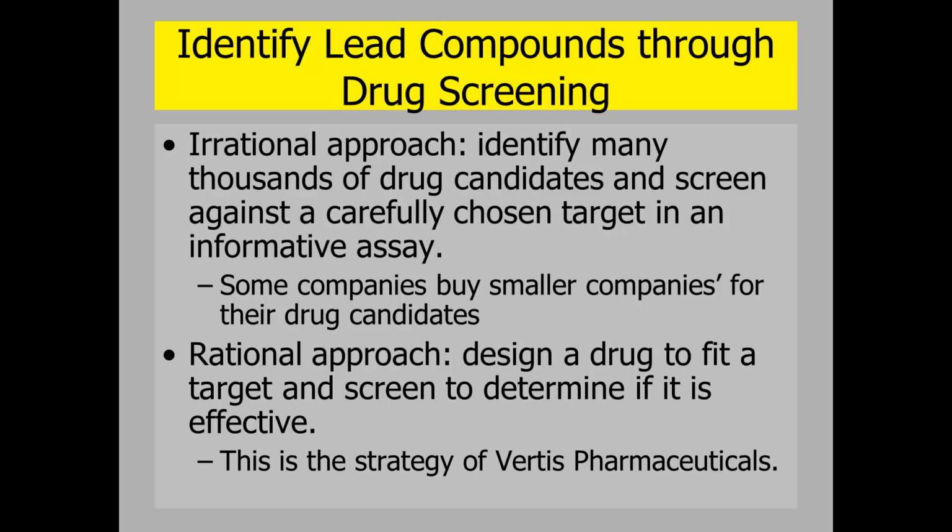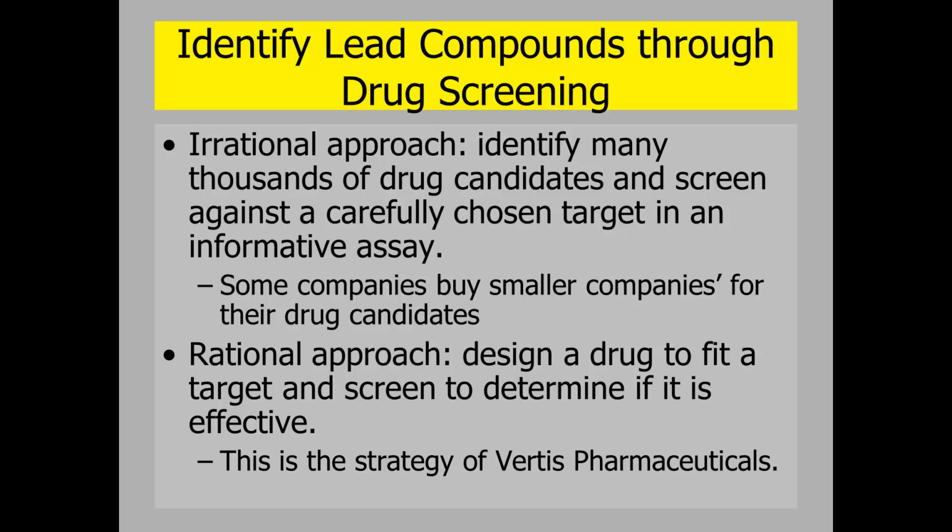One way could be called the irrational approach or the brute force approach. The pharmaceutical company may synthesize thousands and thousands of drug candidates. They just go through and make many, many compounds, one after the other. And then they would take those compounds and screen them in an assay with a carefully chosen target in an assay that is good.